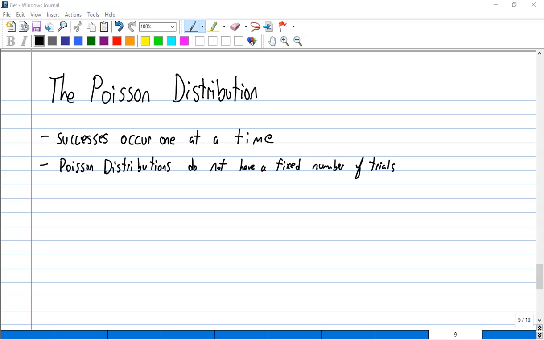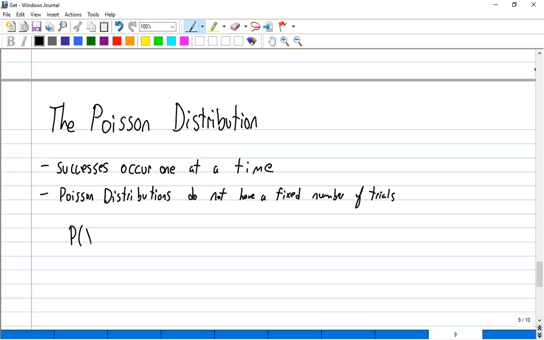So I'm going to write down the formula. Don't want you to freak out on me or anything. It's just a little different variables, but it's not too bad. All right, so the probability that we get some fixed value of x, some x out of some total number of trials, is equal to e to the negative lambda power, just another variable. It's kind of like an upside down y.